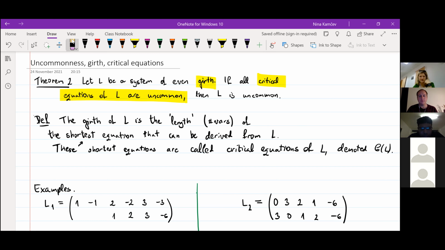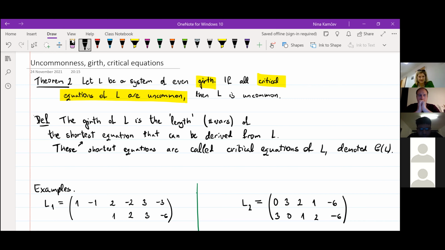You try to eliminate as many variables as you possibly can, and then the length of the shortest equation will be the girth of L. These shortest equations, which certify the girth, are called critical equations of L, and they're denoted C of L.